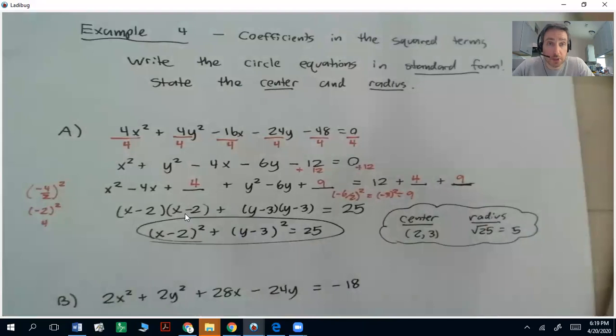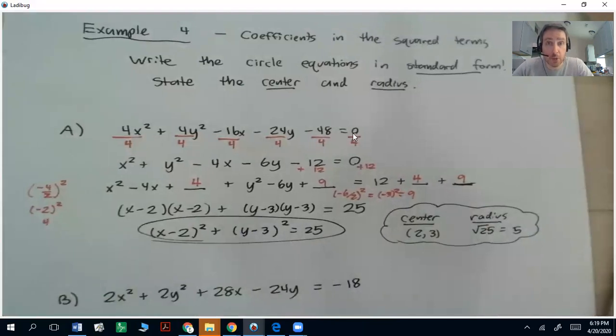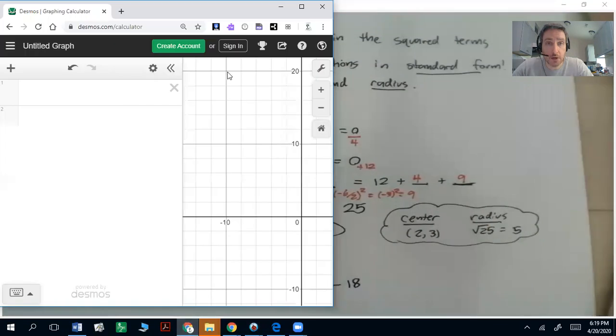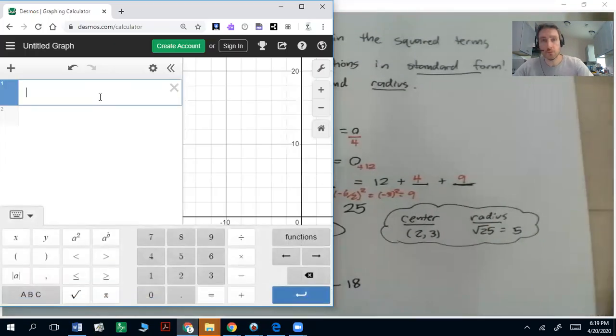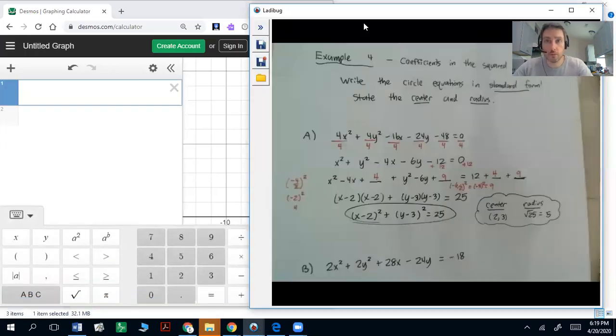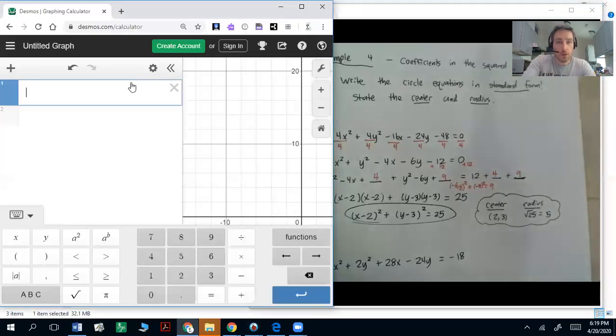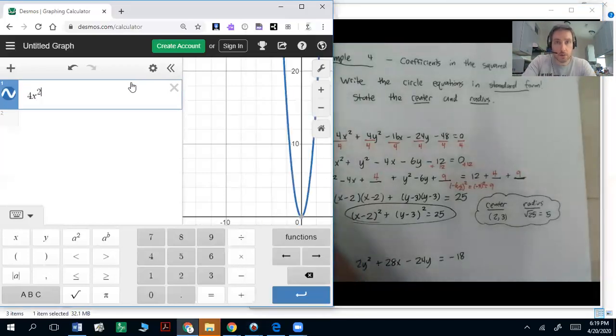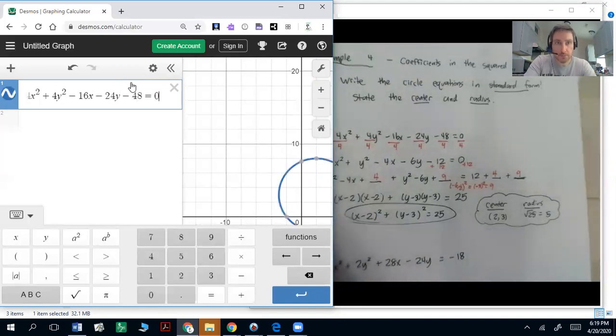We can graph it, make sure it looks right. In fact, what you can do, if you just want to check if your equation's right, because you can get the center and the radius just by plucking them out of here, is take your original equation, 4x squared plus 4y squared minus 16x minus 24y minus 48 equals 0.